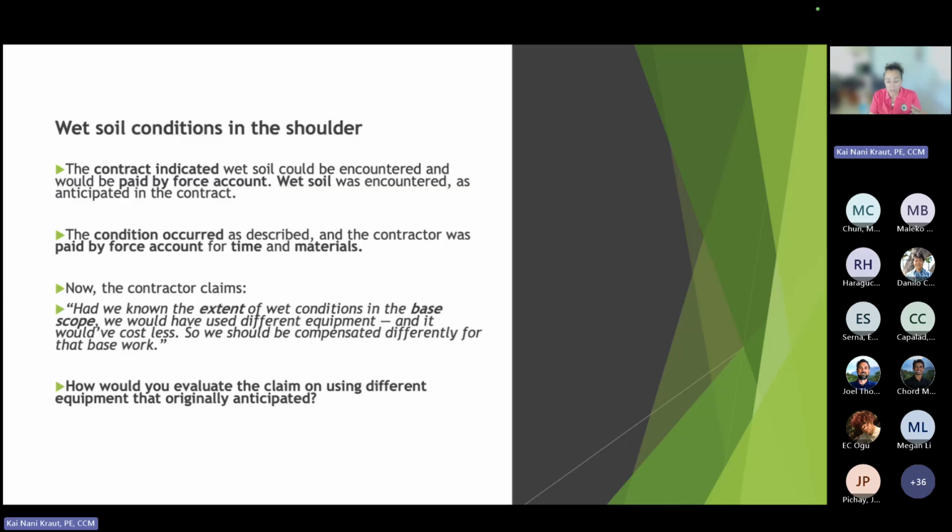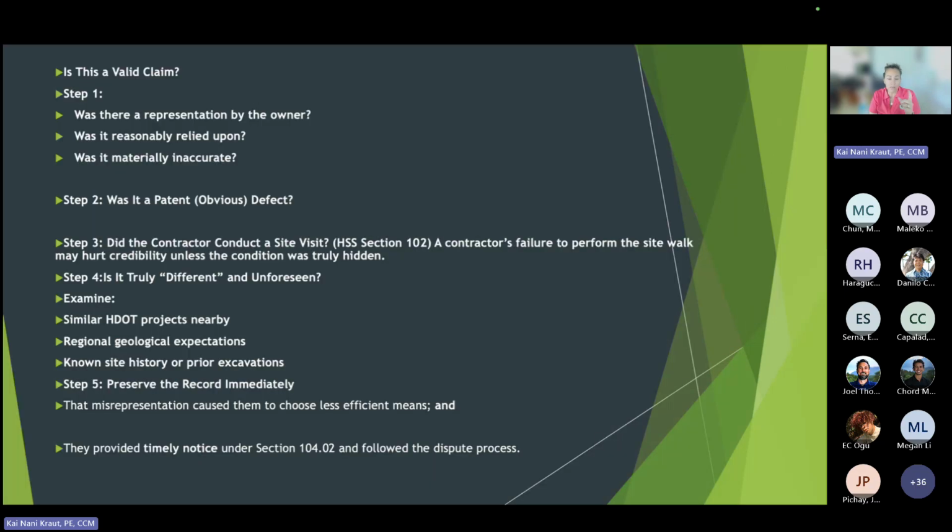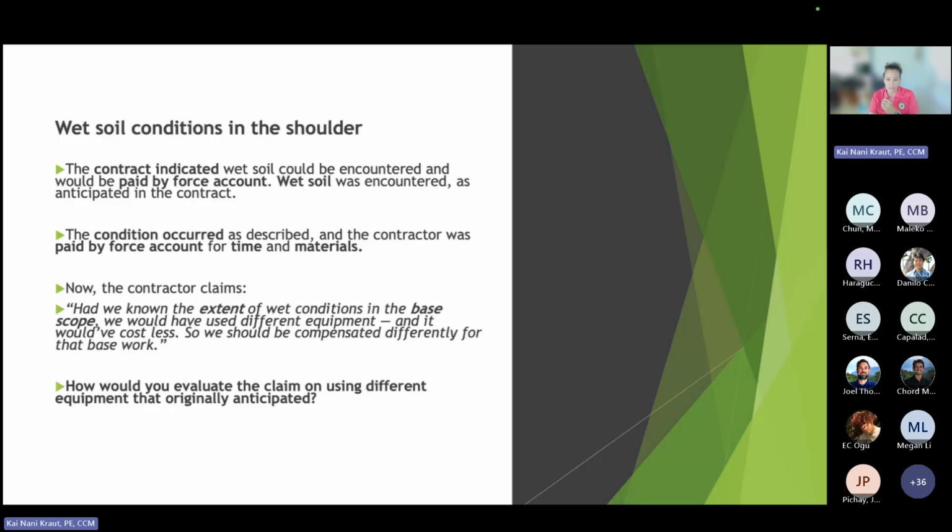Okay, so wet soil condition, and it was represented in the plan, right? So there was a representation. The plan said you were going to run into wet soil conditions. Is this an obvious defect? What may not be obvious is this situation is on Kauai.